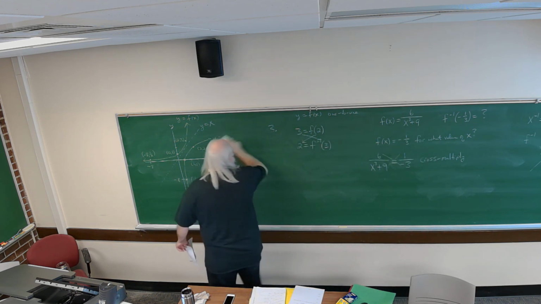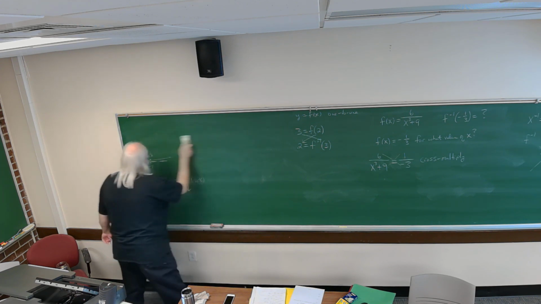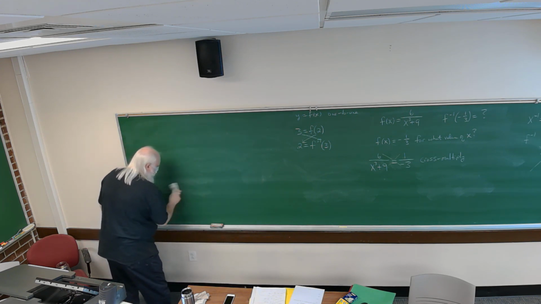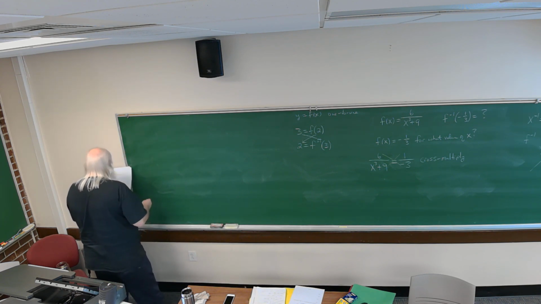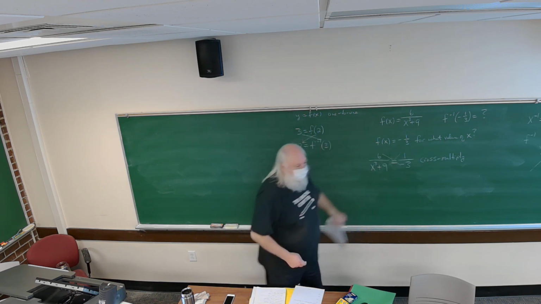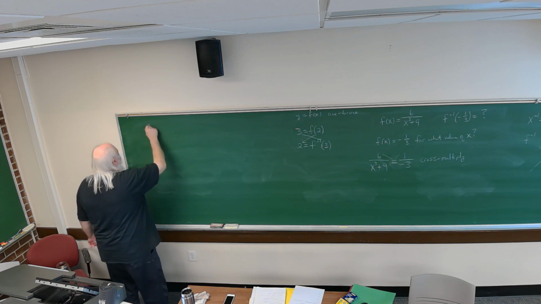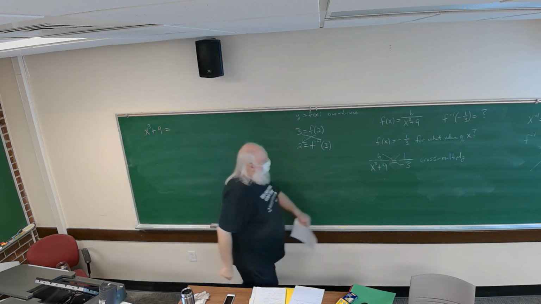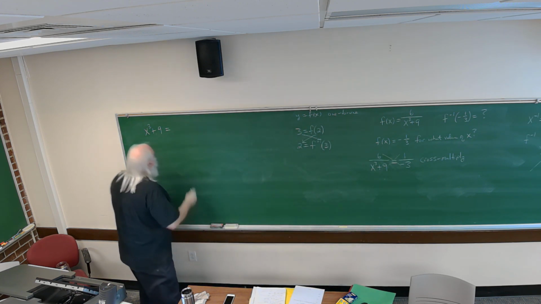So when we cross multiply, we end up with, right, x cubed plus 9 times 1, which is x cubed plus 9. And 6 times negative 3, which is negative 18.